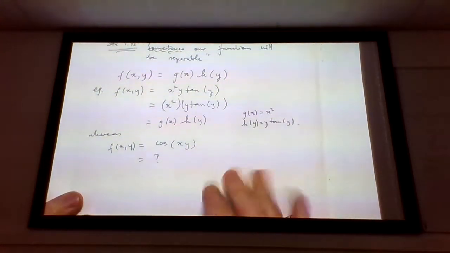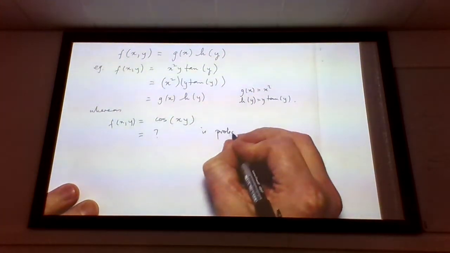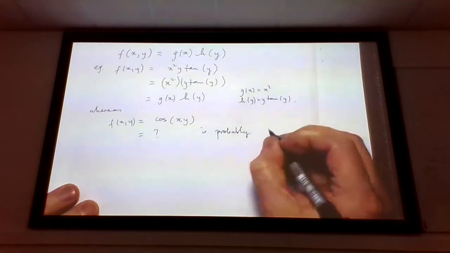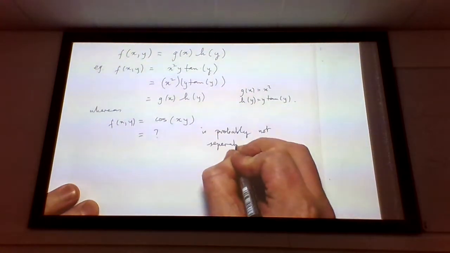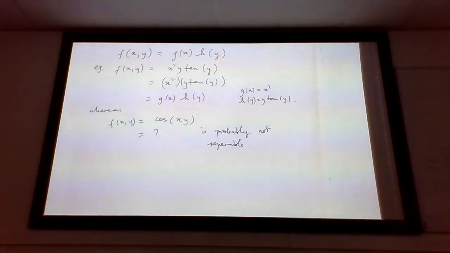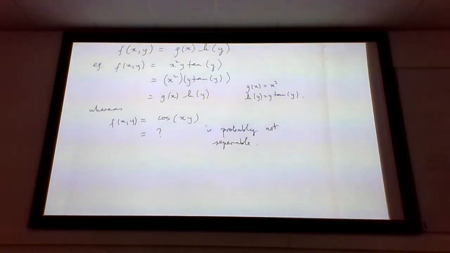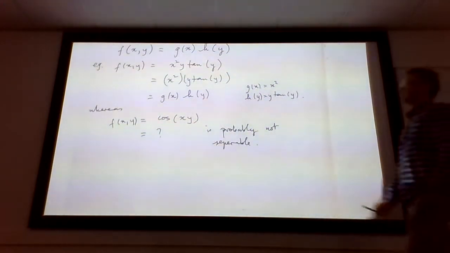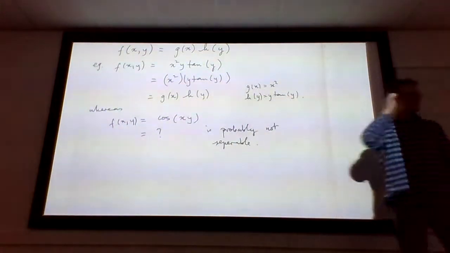It's not easy. I can't think of a way to do it. But, careful as I am, I won't claim that it's impossible. But it's certainly not possible to do it with nice continuous functions of the x and the y.